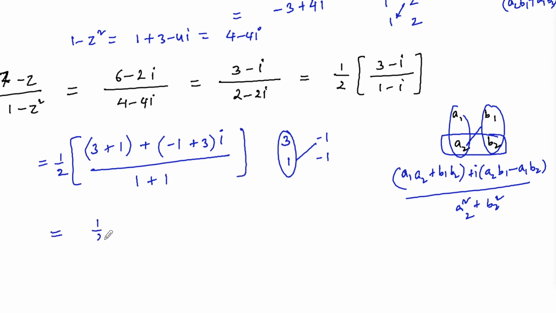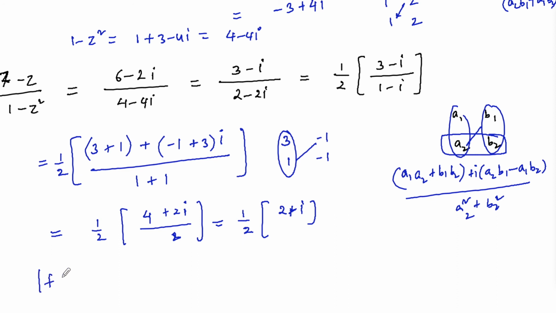So which equals 1 by 2 times of 4 plus 2i divided by 2, or we can write 1 by 2 times of 2 plus i by taking 2 common and cancelling out. So this is half of 2 plus i.